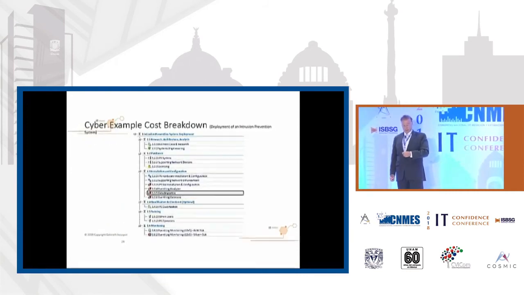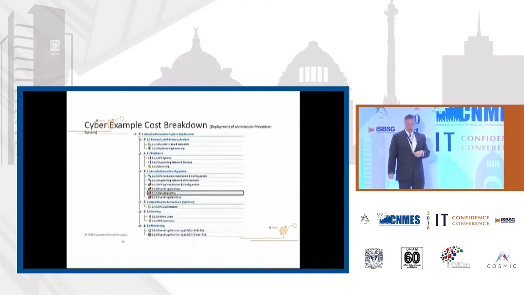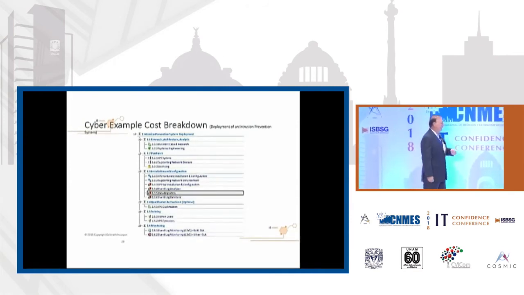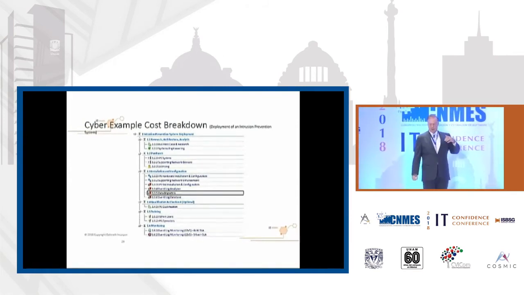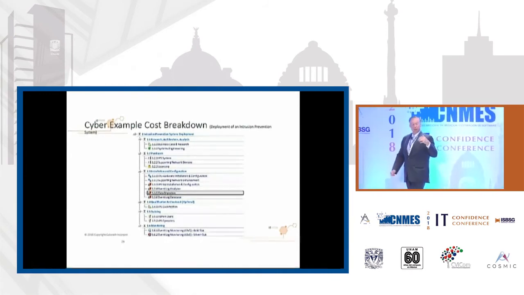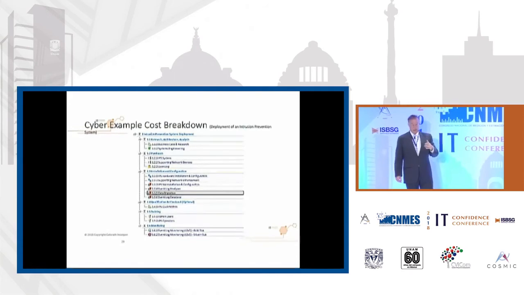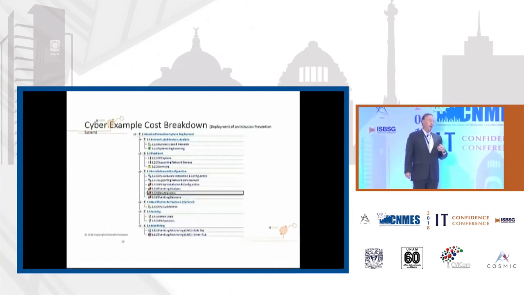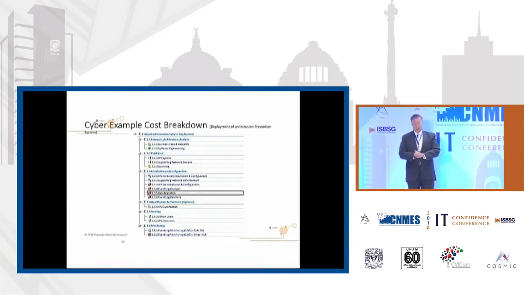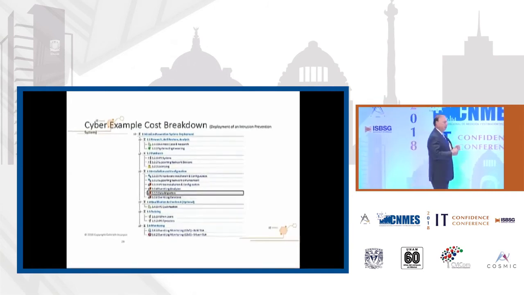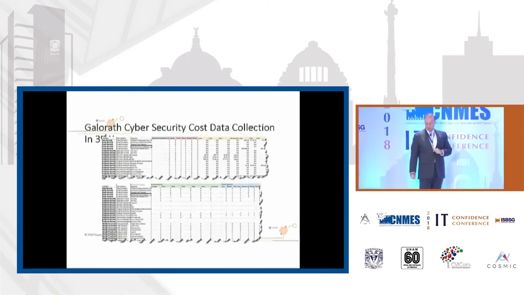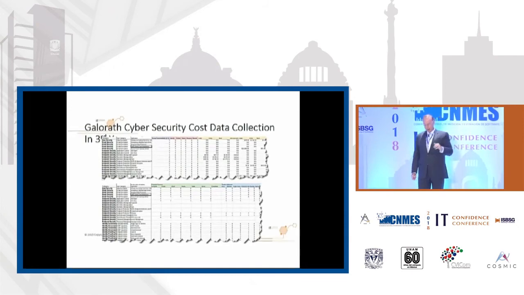Next, please. That's an example of a work breakdown structure I'm sure you can't read. It shows the costs of a cloud. This was an intrusion prevention system, and this is in our CNMES model. It shows both the IT infrastructure, IT services, and software costs involved in estimating a cybersecurity cloud software model. Next, please. I realize you can't read this one either.